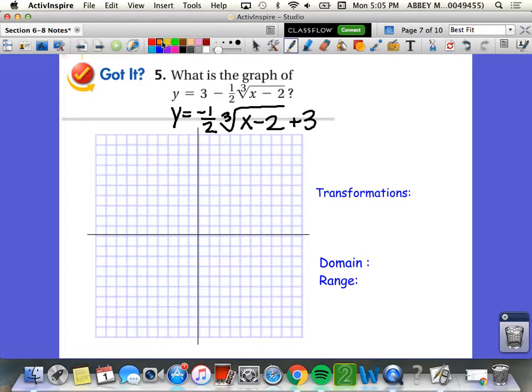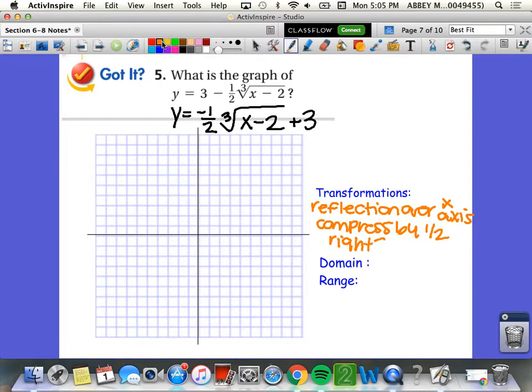Transformations, we can list all of them here. You have a reflection over the x-axis, and we're going to see how that affects the graph on this one. You also have a compression by 1/2. You went right 2 and up 3.